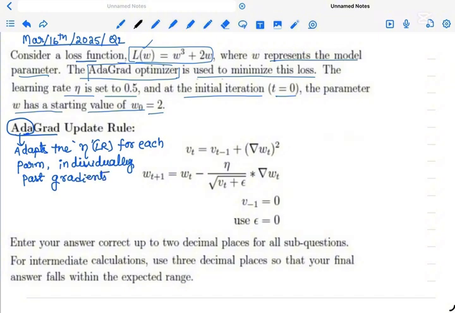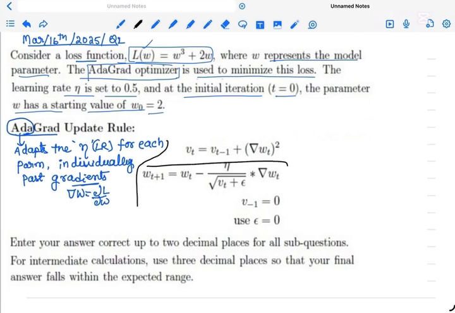In this question the Adagrad optimizer is used to minimize the loss function. Generally, Adagrad is an optimizer. Ada means adapts the learning rate for each parameter individually by using the past gradients. What are past gradients? This delta wt is the gradient, the partial derivative, dou L by dou w, of the loss. So this is the past gradient.